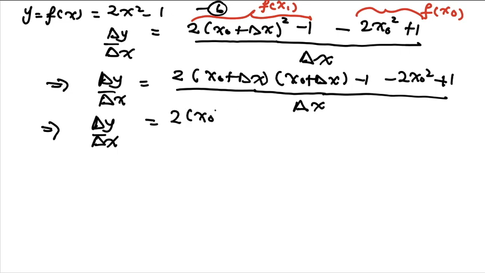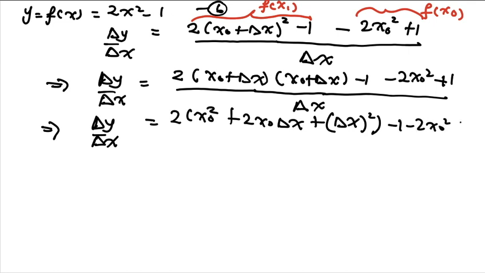2 times (x0 squared plus 2x0 change in x, isn't it? This is just simple calculus. Plus change in x, the whole thing here, squared, isn't it?) And then close the bracket. And then minus 1 minus 2x0 squared plus 1. And don't forget, divide by change in x. Okay?